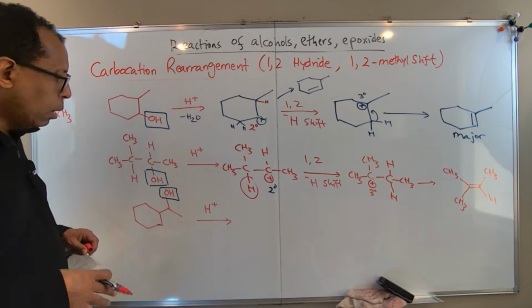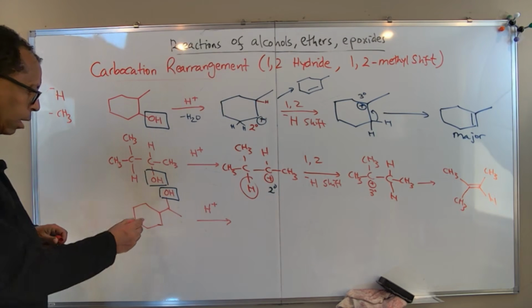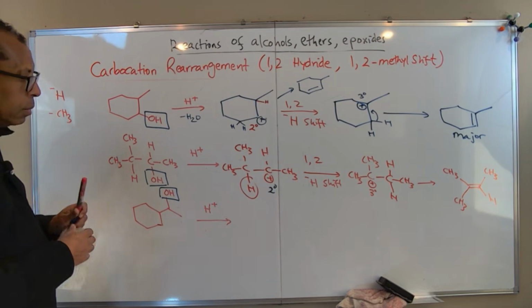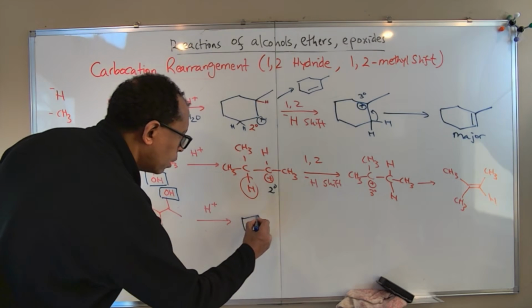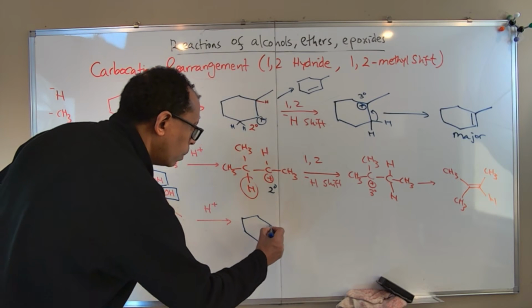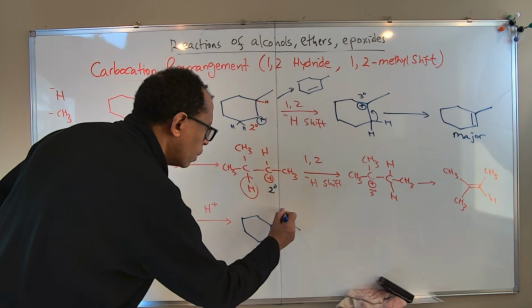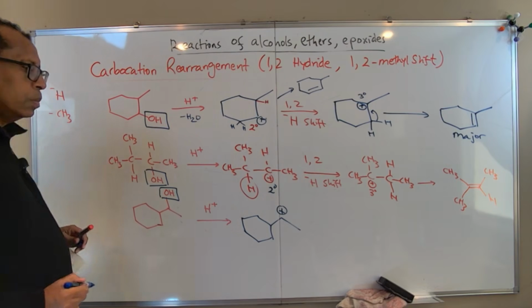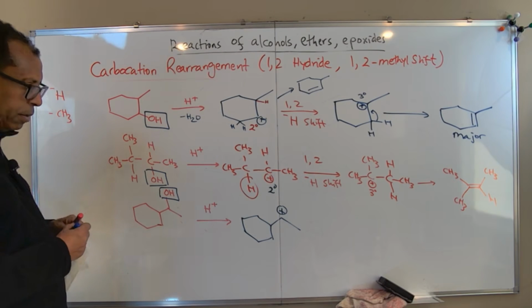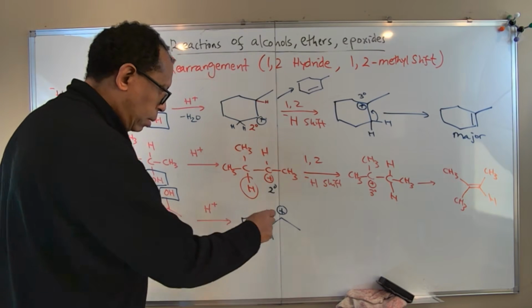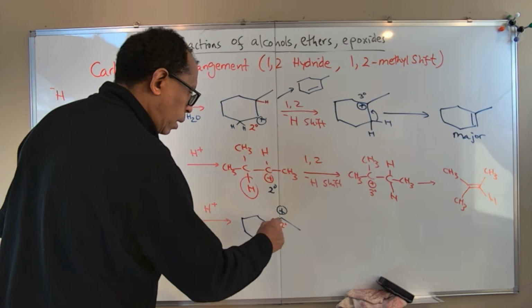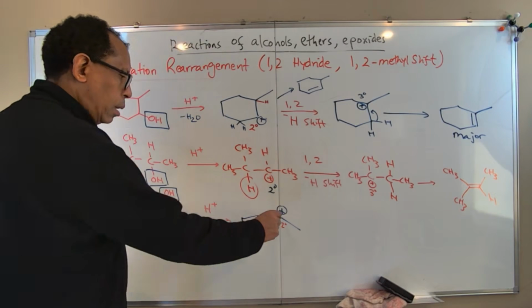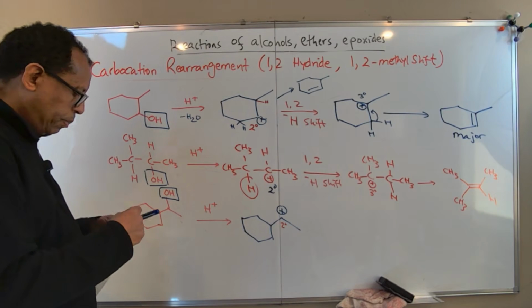Here I have this alcohol which could dehydrate by forming this carbocation. If you just look at it, this is secondary because it is attached to two carbons, and there is one hydrogen obviously on that.